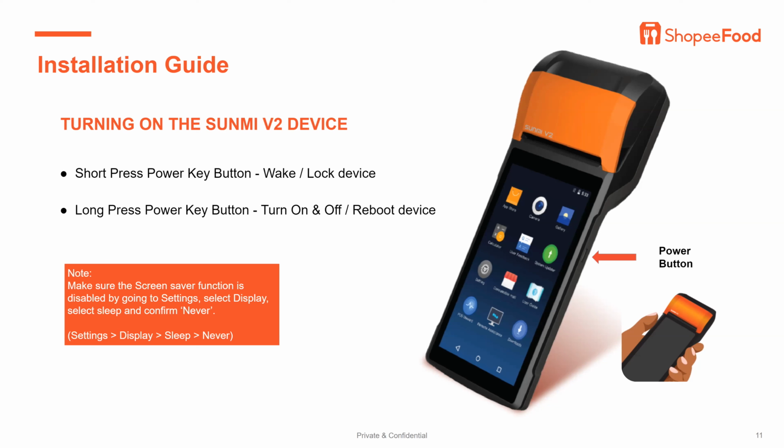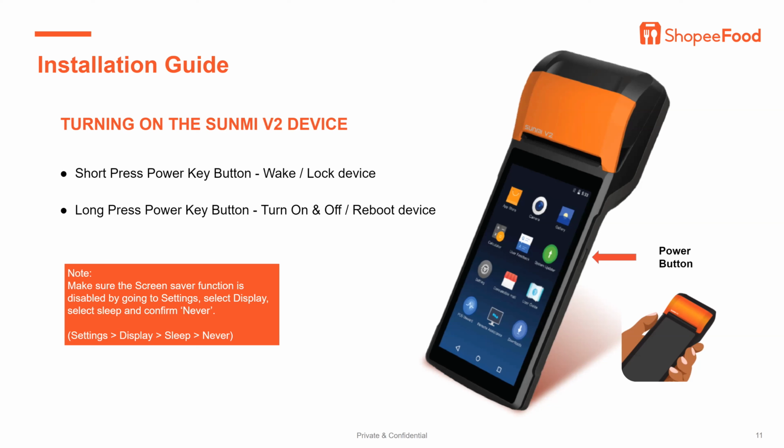A short press of the power key button is to wake or lock the device. And please take note to ensure that the screensaver function is disabled by going to settings, select display, select sleep, and confirm never. This setting will allow your device to run the Shopee Partner app without any delays, especially when the orders are coming in, and the orders are always visible.